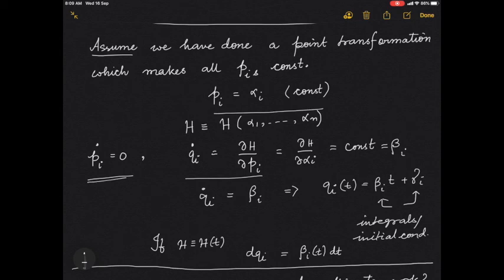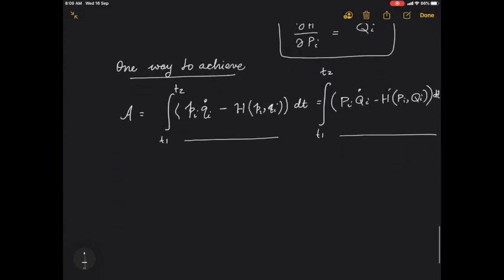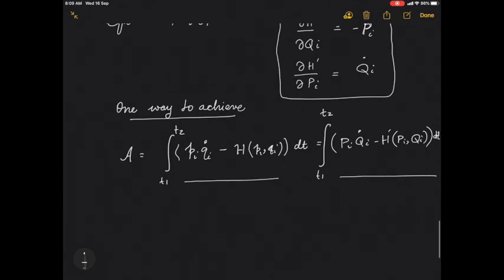So in terms of the new variables, after we have made all the momenta conserved, we still use the two canonical equations. It's not only that, these two now have to be identified. So I need to have Pi Qi dot equals Pi Qi dot.